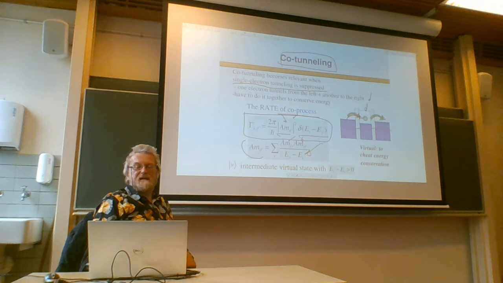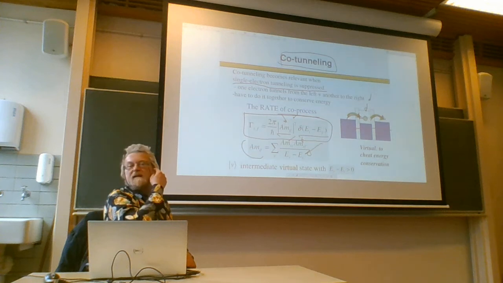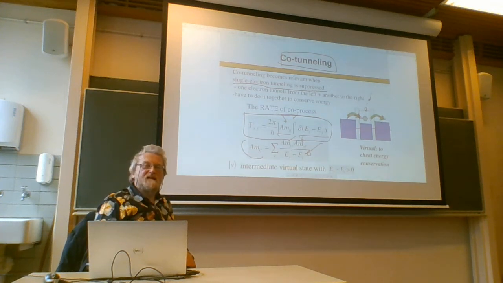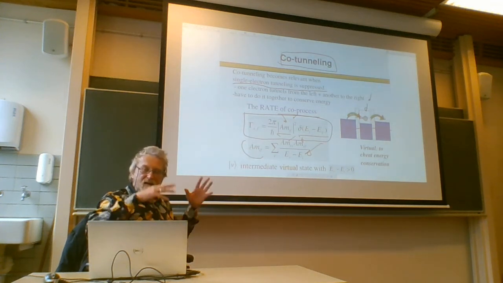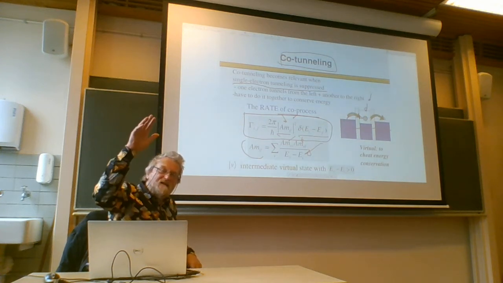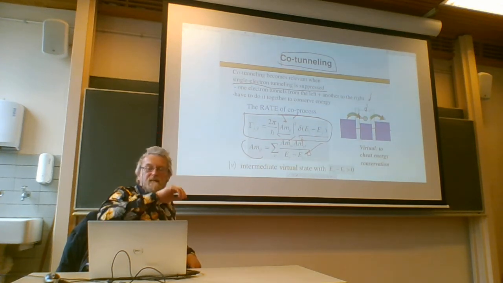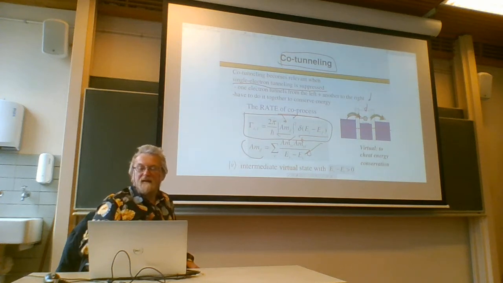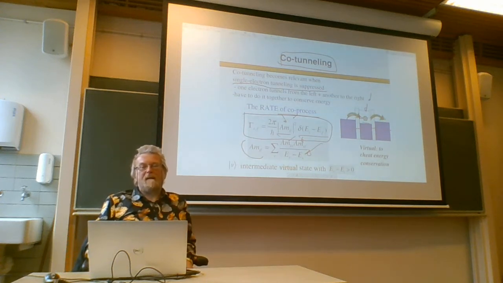Let me give more details. In this case, we are saying that the process goes through a virtual state, a formerly forbidden state. One cannot be here because it contradicts energy conservation. But one can visit this state for a short time and perform a jump to another state.